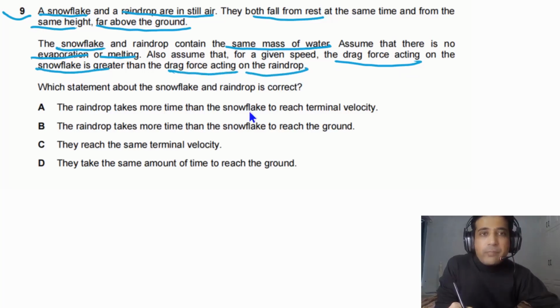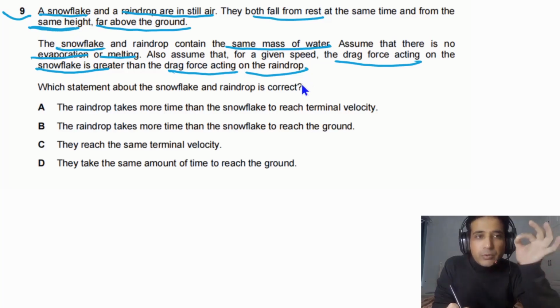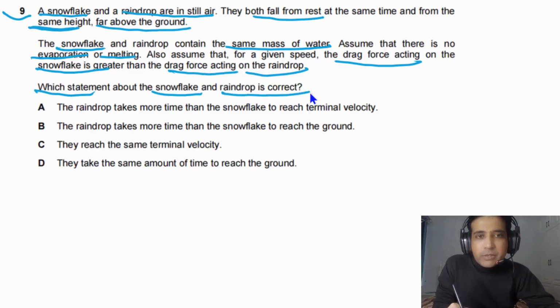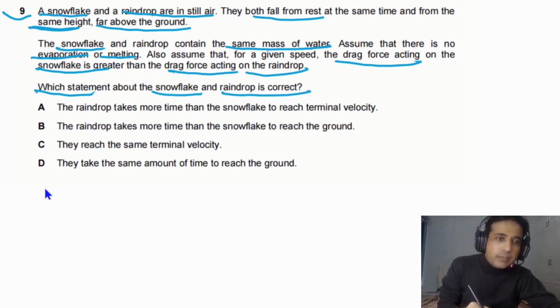So here, one thing we need to understand: they have the same mass and the same height, but the drag force on the snowflake is greater than the drag force on the raindrop. We need to find out which statement about the snowflake and raindrop is correct. So the best way is we can simply draw here. Imagine that this one is the snowflake and we can also have a raindrop, and imagine this one is the raindrop.